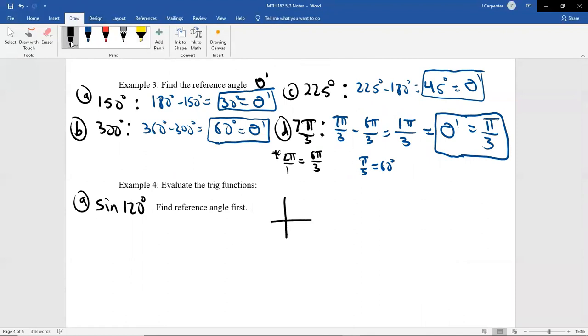So we go 120 degrees would be in quadrant 2. So this right here is our, I'll label it in red just for emphasis, 120 degrees. That's our angle. So that was theta. Theta prime would be this segment right here.